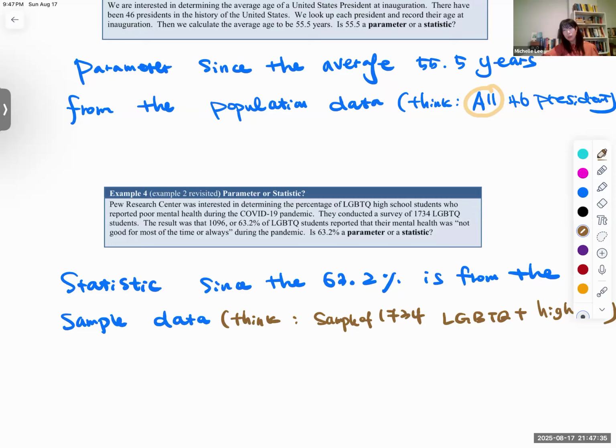Actually, let me fix that: 1,096 out of 1,734, right? I just said 1,096 from a sample of 1,734, which is 63.2%, right? Okay, let's move on to another terminology.